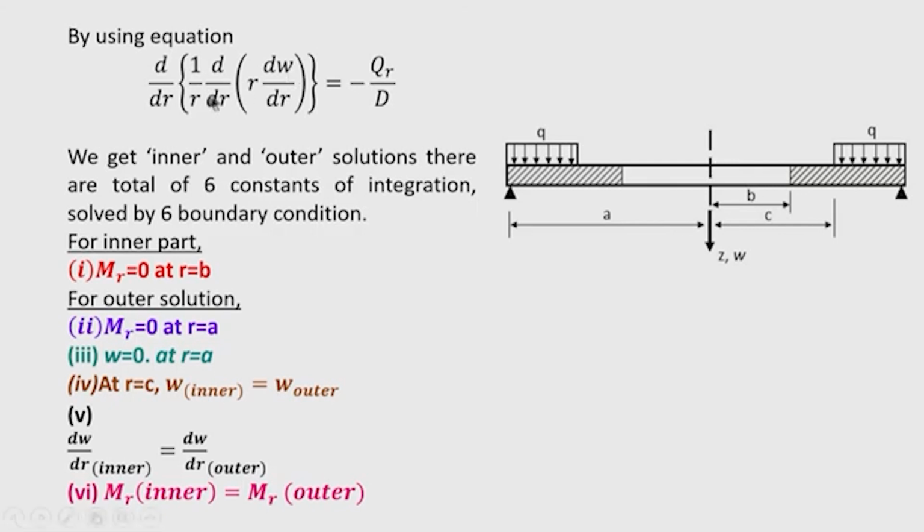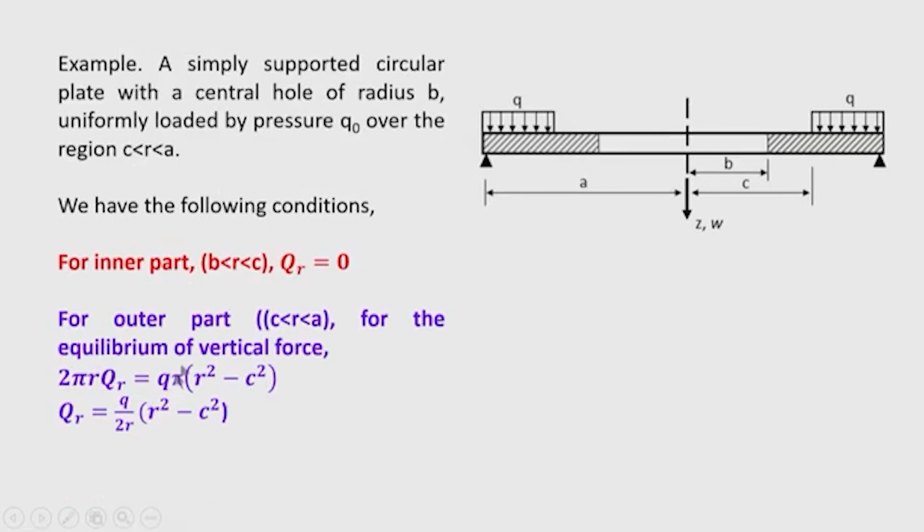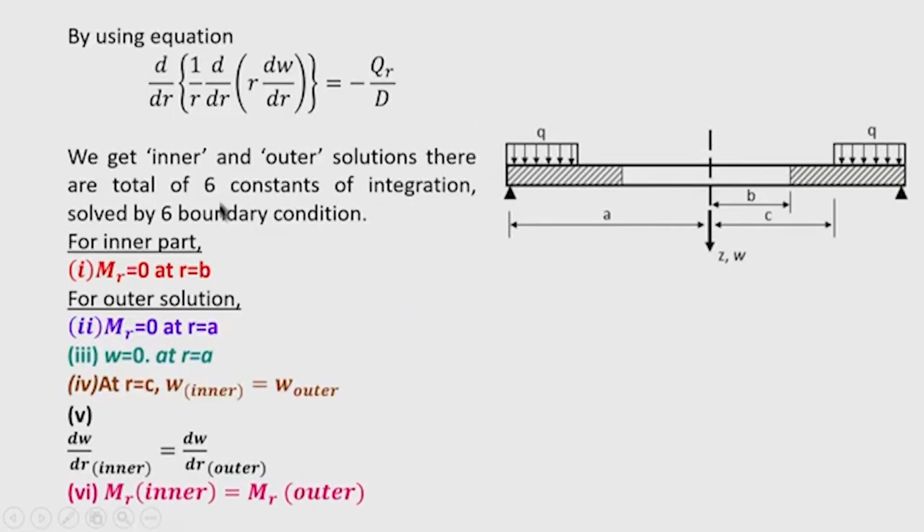Now, if you solve this by substituting q r that we have obtained here, we can get a solution W. This solution contains 3 constants for the outer region. Then the inner region also will get a solution.